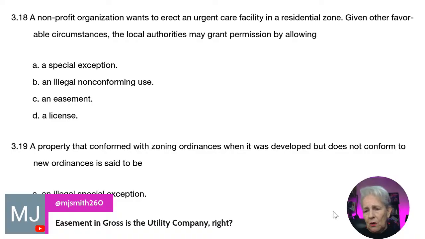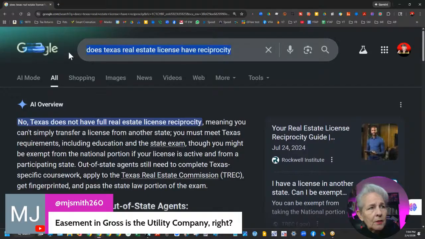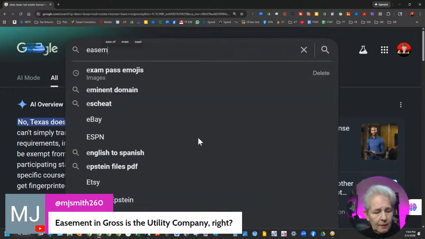Easement in gross, is that the utility company, right? Well, let's confirm that, because there's a lot of very good questions. So let's look that up real quick.